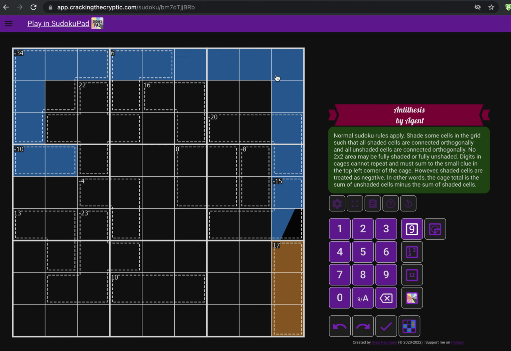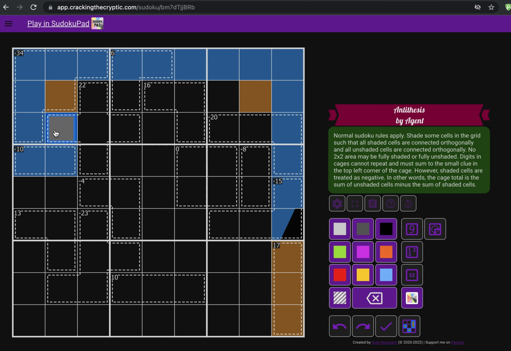So the 2x2 monochromatic constraint puts a hot there, and a hot there.